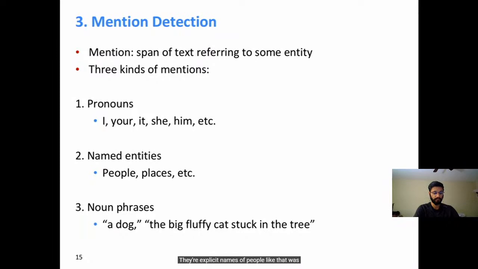There are explicit names of people, like our Barack Obama and Hillary Clinton examples. And then many of the tricky examples are when we have common noun phrases, like a dog or the big fluffy cat stuck in the tree. That is a mention. It's actually a complex mention because it also has embedded inside it other mentions. So the tree is also a mention.